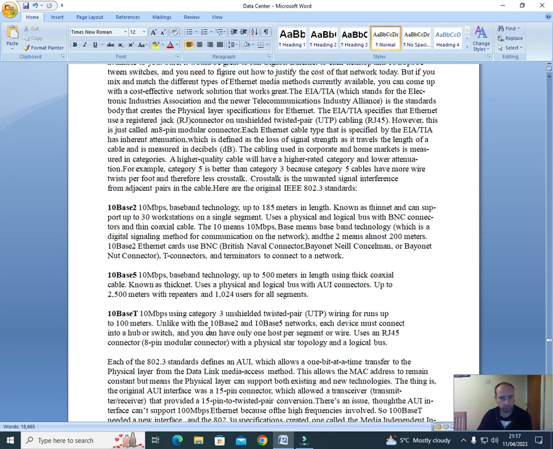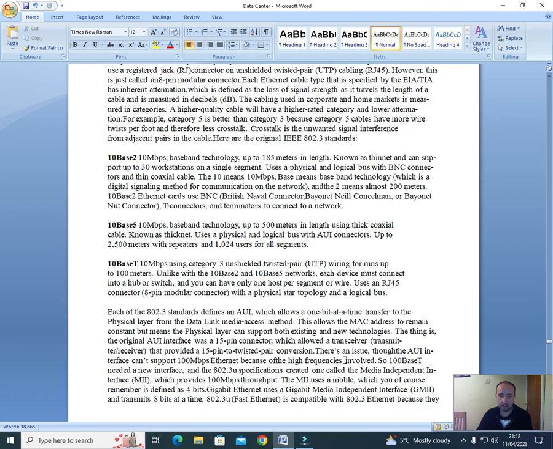Unlike with 10Base2 and 10Base5 networks, each device must connect into a hub or switch, and you can have only one host per segment or wire. Uses an RJ45 connector, an 8-pin modular connector, with a physical star topology and logical bus.